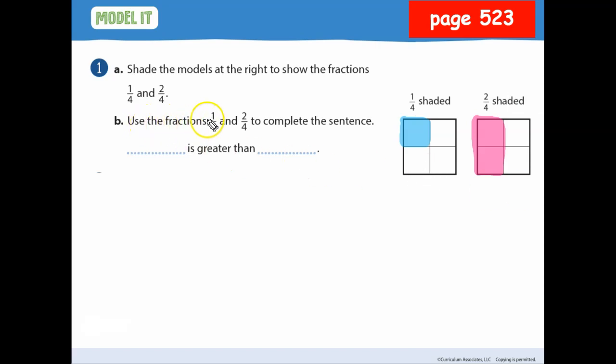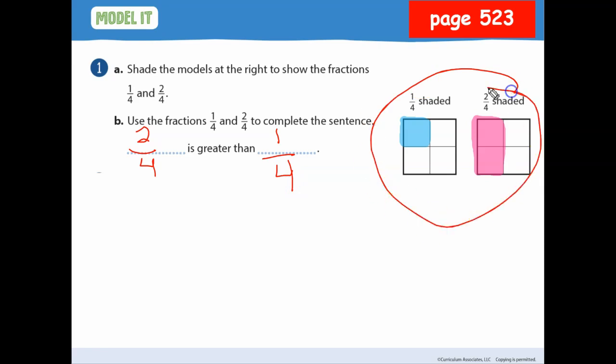Now it says use the fractions 1/4 and 2/4 to complete the sentence. Blank is greater than blank. So out of those two fractions, which was greater? Yeah, so 2/4 is greater than 1/4 based on this model right here.